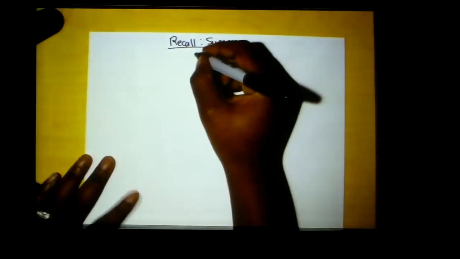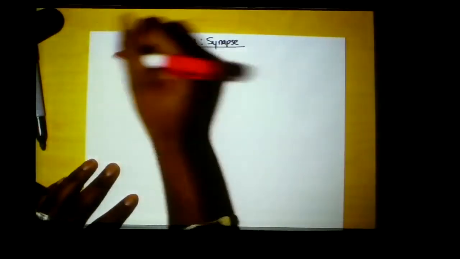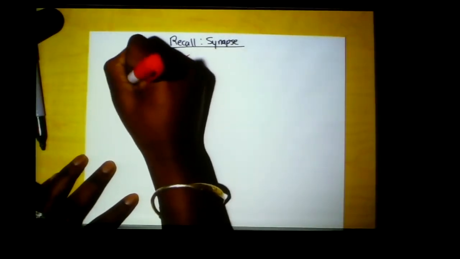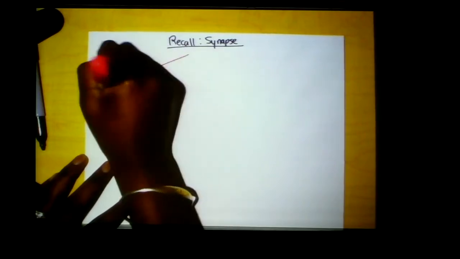And we said that there were basically two main types that we spoke about: electrical, and chemical.